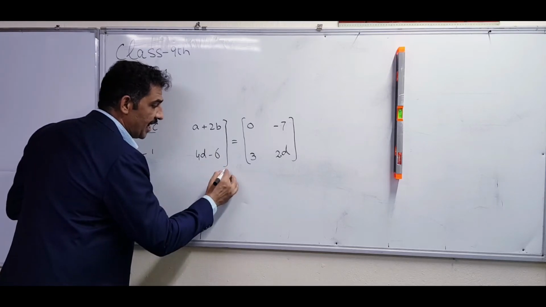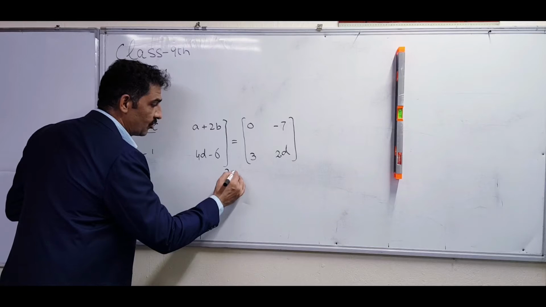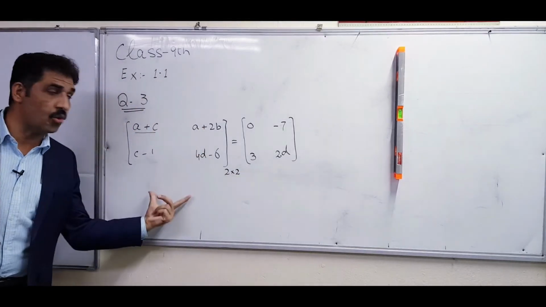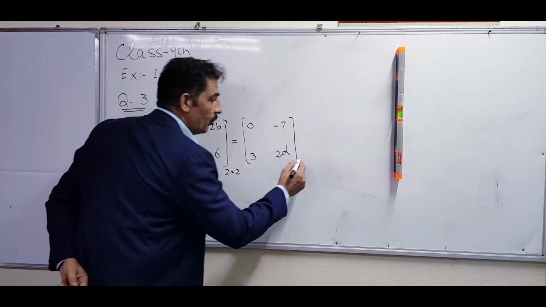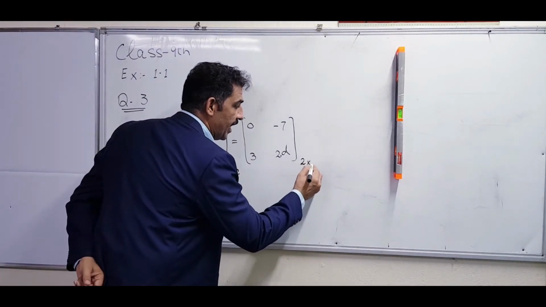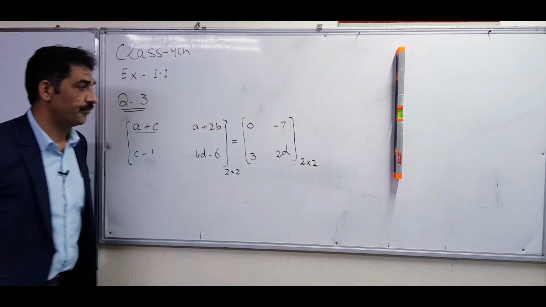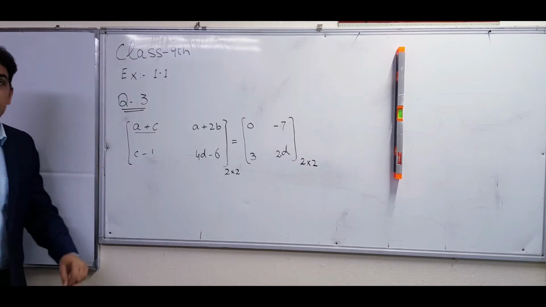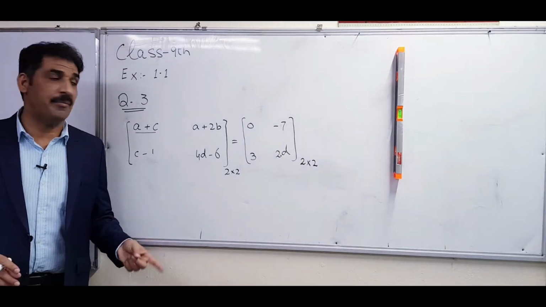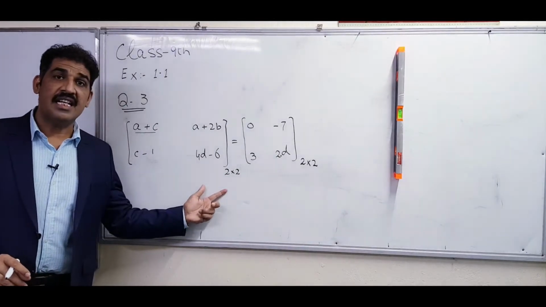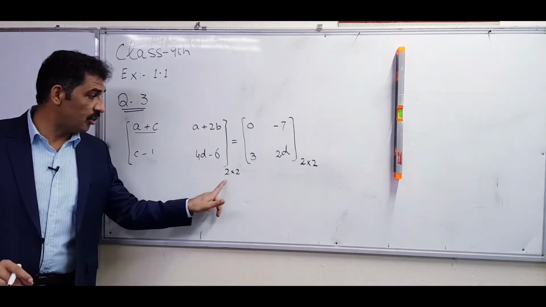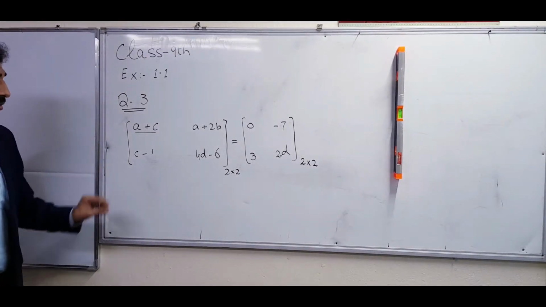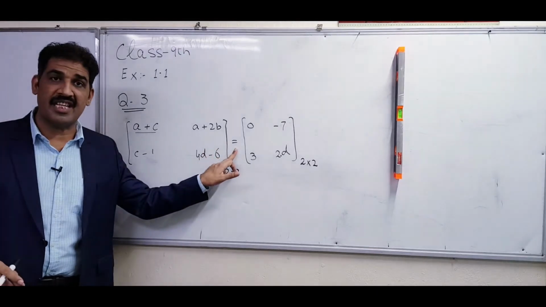We say the order of this matrix is 2 cross 2, meaning 2 rows and 2 columns, and here also 2 rows and 2 columns. What does it mean? Addition or subtraction is possible only when their order is the same. Order 2 cross 2 here and 2 cross 2 here, so it is possible to add or subtract. Their order is the same, and the sign between the two matrices is equality.